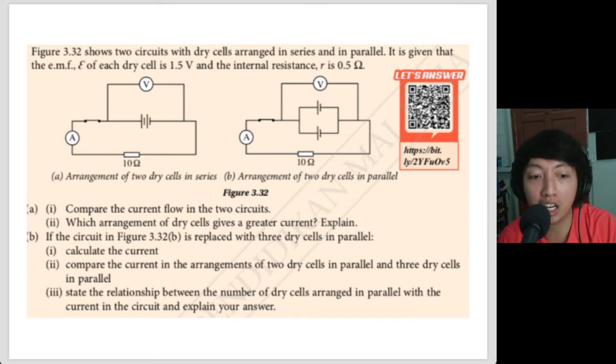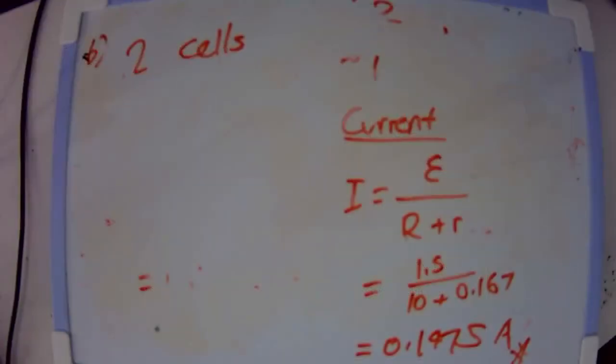our question just now. Okay, so compare the current in the arrangement of 2 dry cells in parallel and 3 dry cells in parallel. So we already calculated earlier the current of 2 dry cells and current of 3 dry cells. So it's just a very simple comparison.